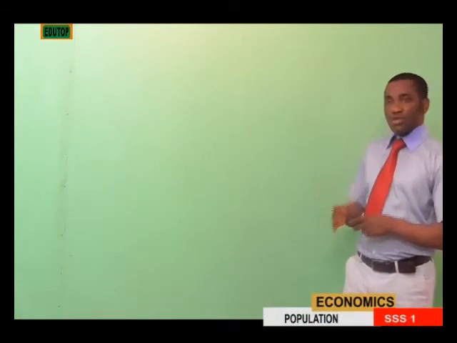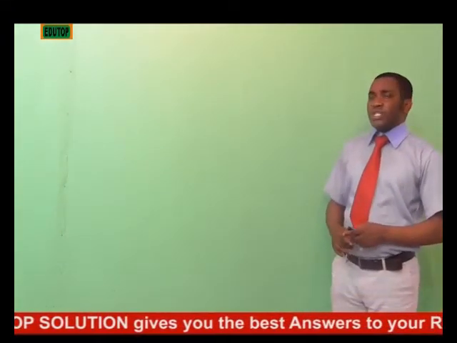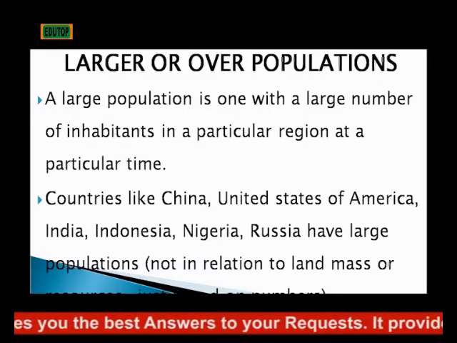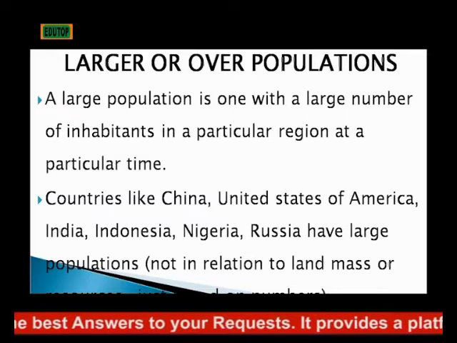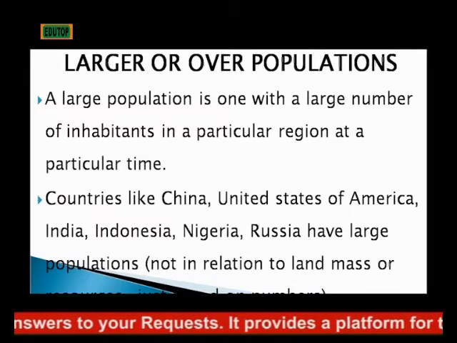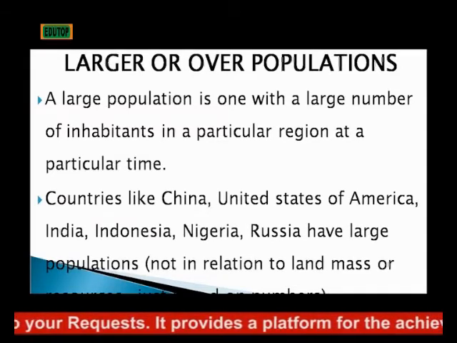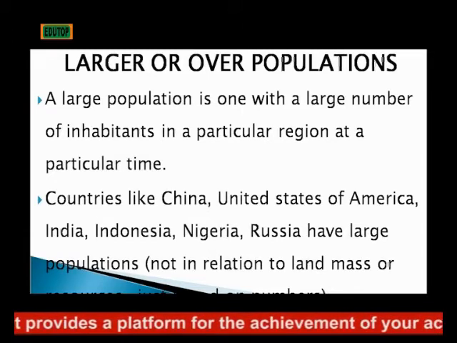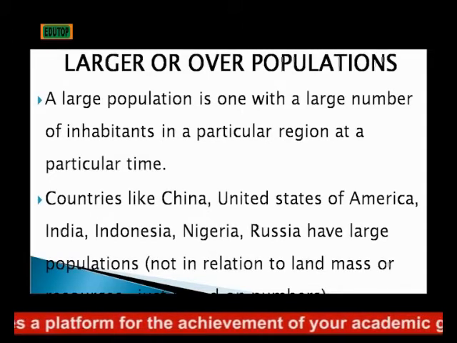Now, let's look at overpopulation, or what we call large population. A large population is one with a large number of inhabitants in a particular region at a particular period of time. We have countries like China, United States of America, India, Indonesia, Nigeria, Russia.